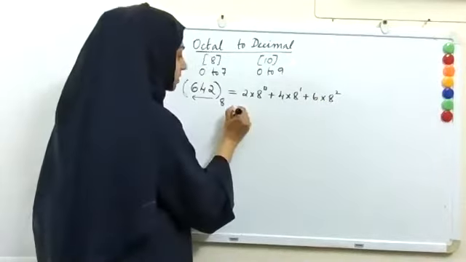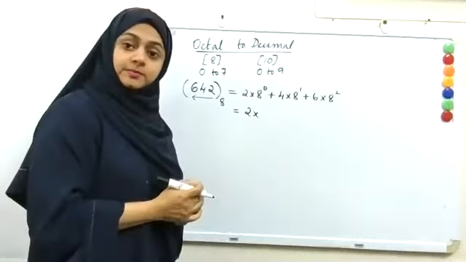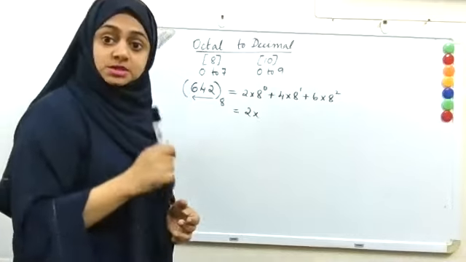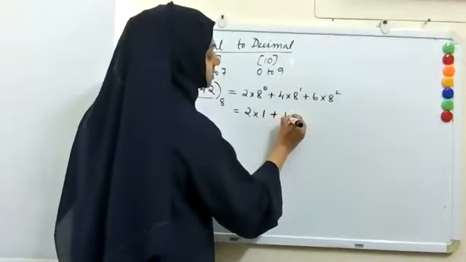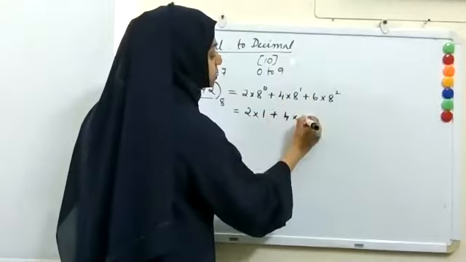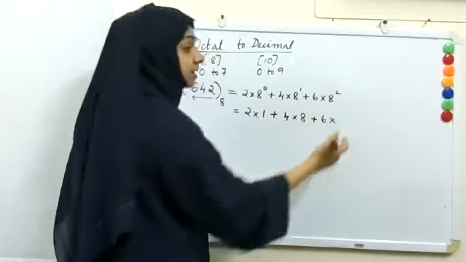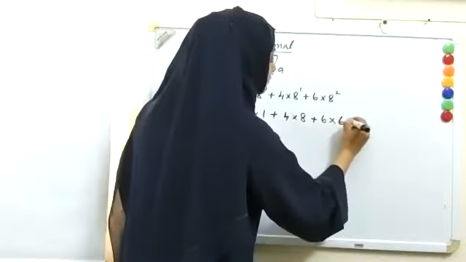So let us see what this is equal to. 2 times 8 raised to 0. 8 raised to 0 is 1, since anything raised to 0 is 1. Plus 4 times 8 raised to 1, which is 8. Plus 6 times 8 squared, which is 8 times 8, 64.